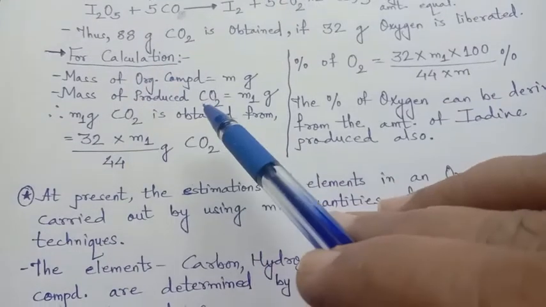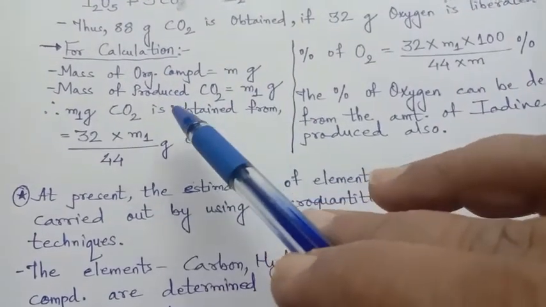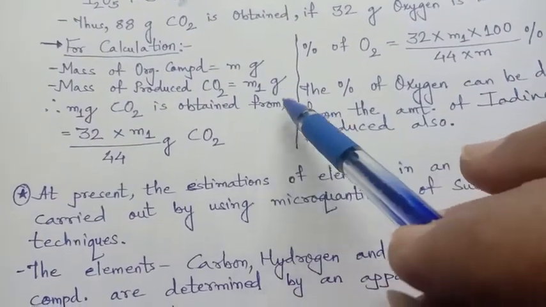Mass of organic compound is m gram. Mass of produced carbon dioxide is m1 gram.